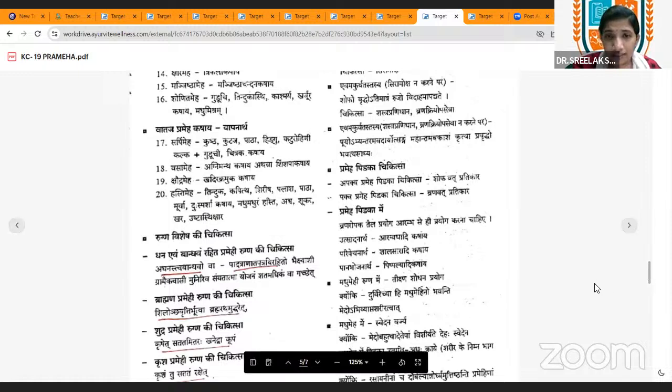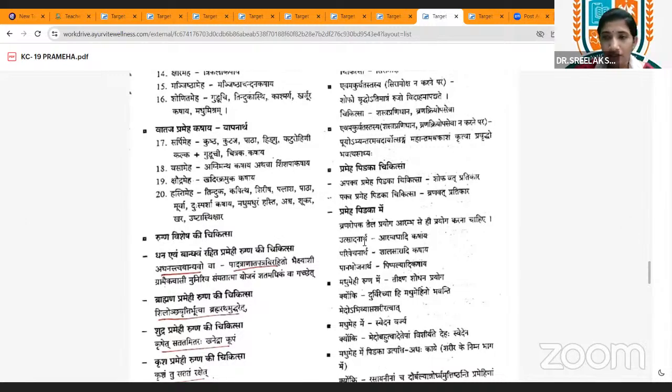Next point, you can see here that for the Vranarobhana of this Prameha Pidaga, we can use Eladigana. Eladigana for Vranarobhana. And for Udvartana purpose, Aragvadadi can be used. And for Parishega, Asanadi or Salasaradi Gana can be used.